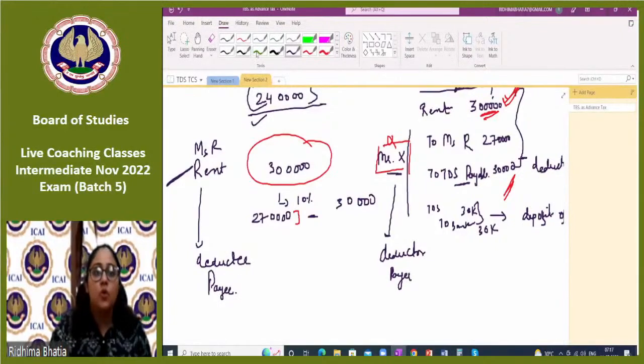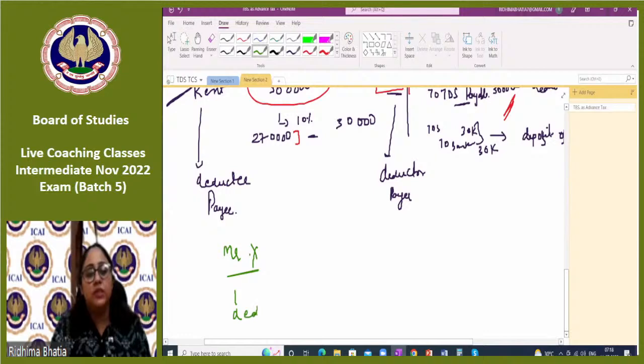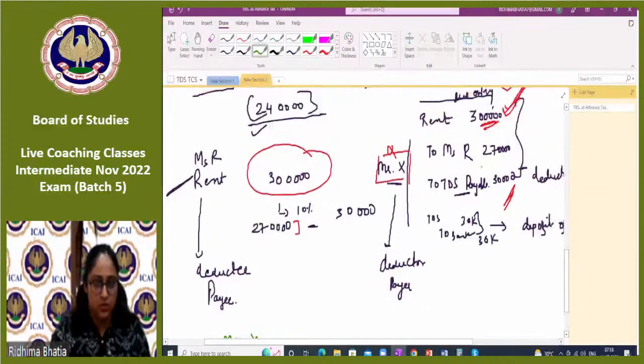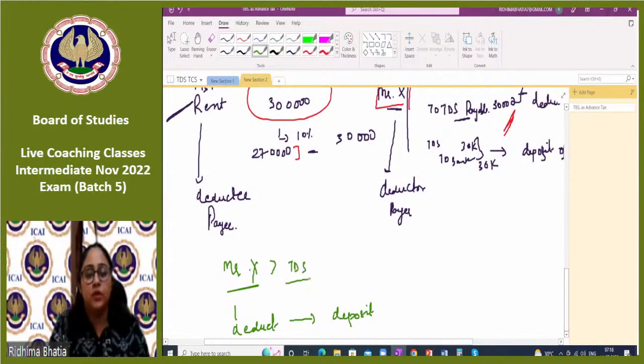Right. Now, one more thing you have to remember: how this whole process will go for Mr. X. He will first deduct the TDS, which is this entry we saw. He deducted it and put it in a separate account. Then he will deposit the TDS, which is this entry.